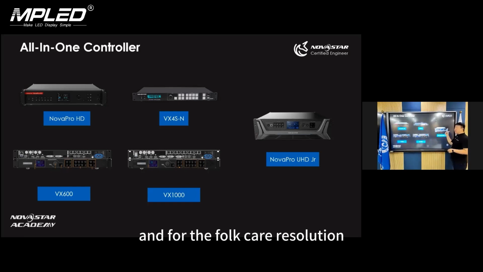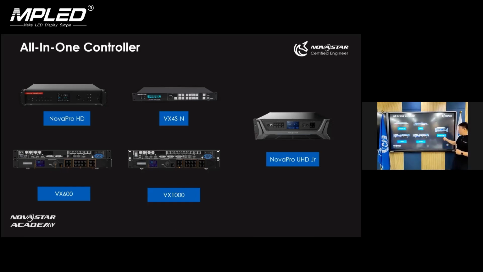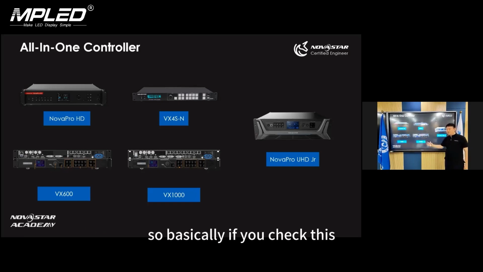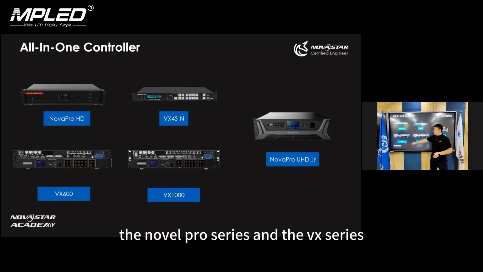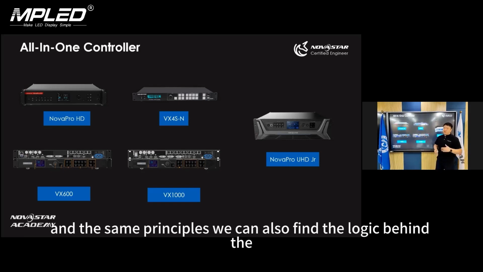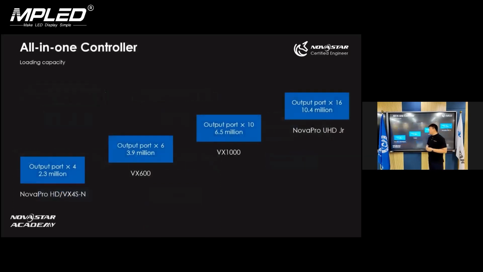And for the 4K resolution all-in-one controller, we have the Nova Pro UH Junior. Basically, if you check this interface, you will find we have two branches: the Nova Pro series and the VX series. And we can also find the logic behind the product evolution. The first is the loading capacity.